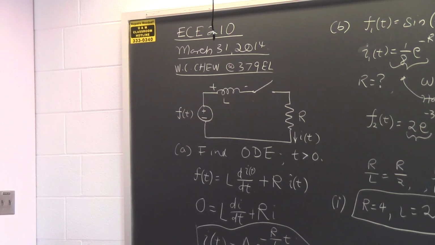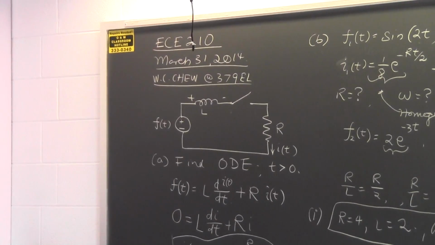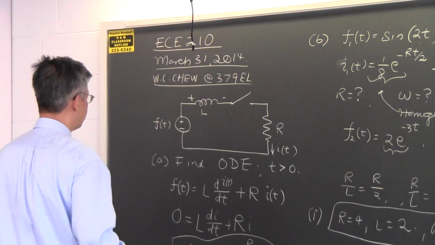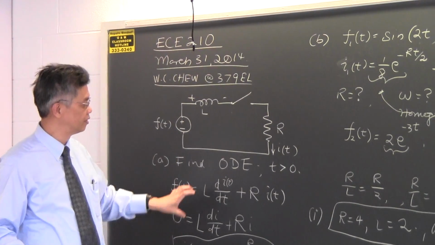Because if there's no input, that means that the oscillating portion of the solution is gone. So why don't you have to consider the 1/8 e to the minus 2t term? The homogeneous solution should be there. Is that right? There is a homogeneous solution to this problem when you set f of t to 0.